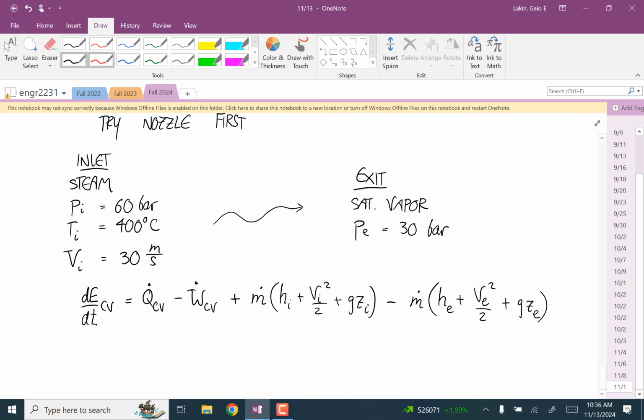And we're canceling some stuff. Said there's no heat transfer, no work done, no changes in kinetic or potential energy, and it's steady state.